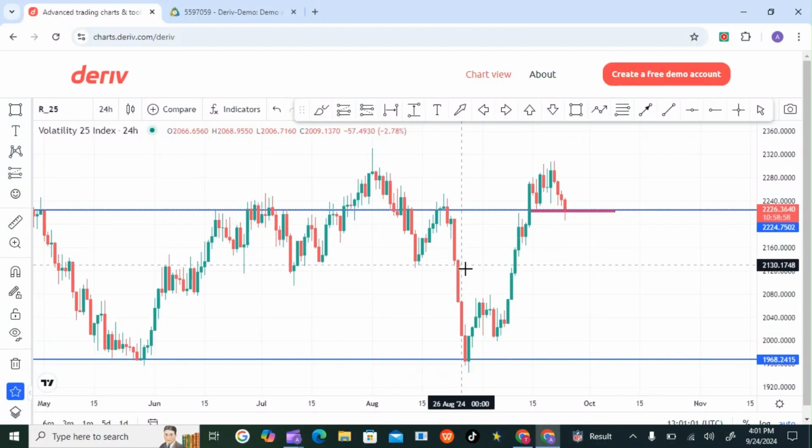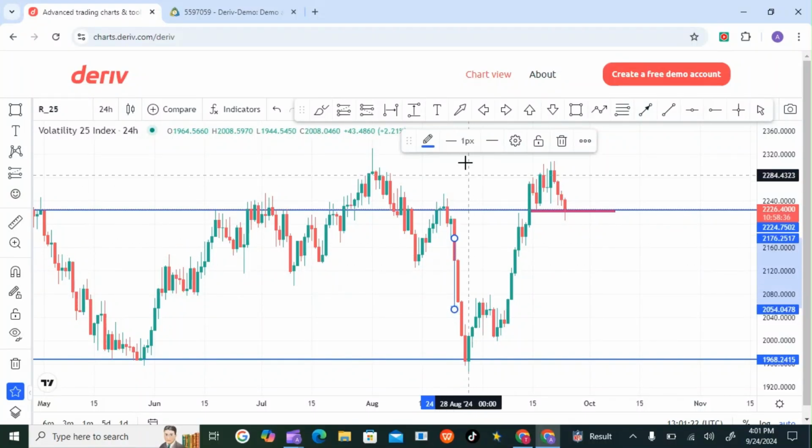Then how do you identify a fair value gap? You identify it by looking at whether the first candlestick does not close below the third candlestick here. So if this candlestick, this one, came and closed somewhere there, you see.